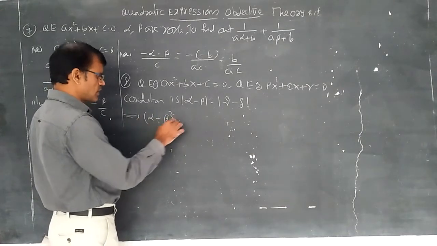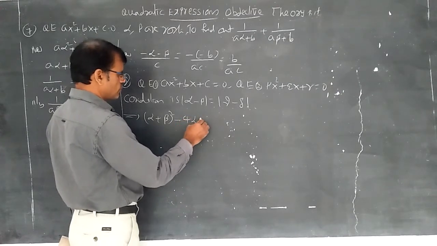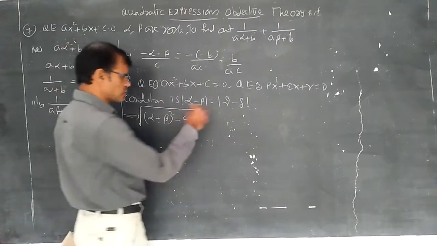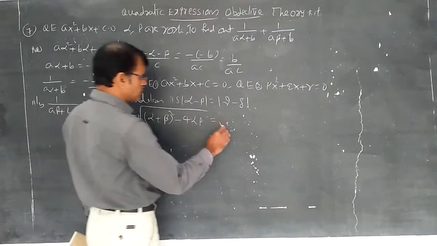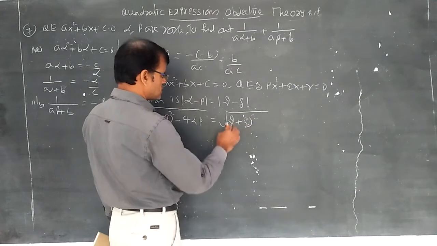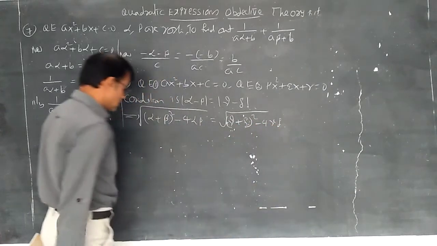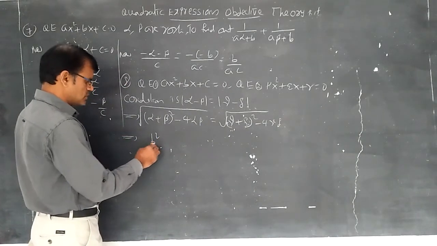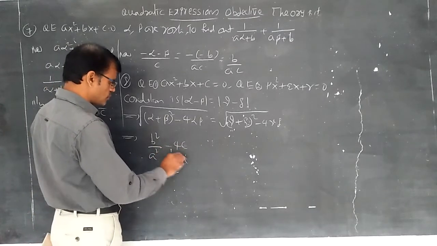You should remember this one as a formula: modulus of alpha minus beta, that is, square root of alpha plus beta whole square minus 4 alpha beta, by squaring both sides. Similarly, we can write gamma plus delta whole square minus 4 gamma delta. Here alpha plus beta whole square is b square by a square minus 4c by a.